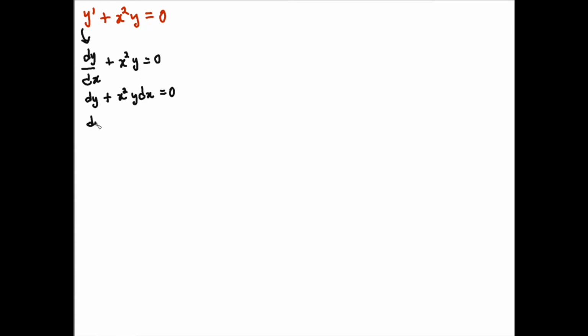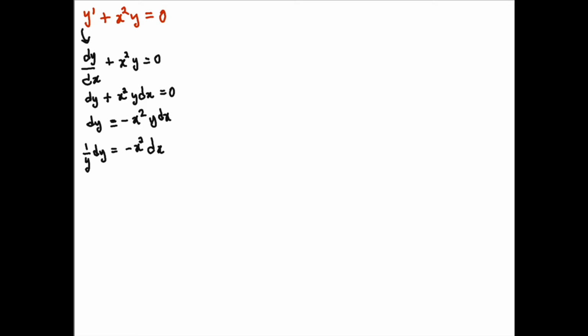So we have dy equals minus x²y dx. And we can solve to bring this y to the left side. So we get 1/y dy equals negative x² dx.